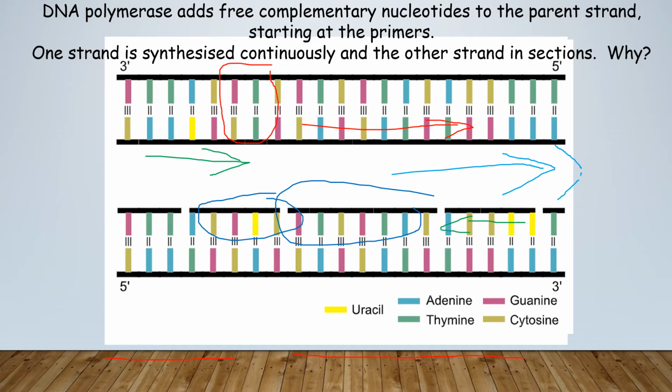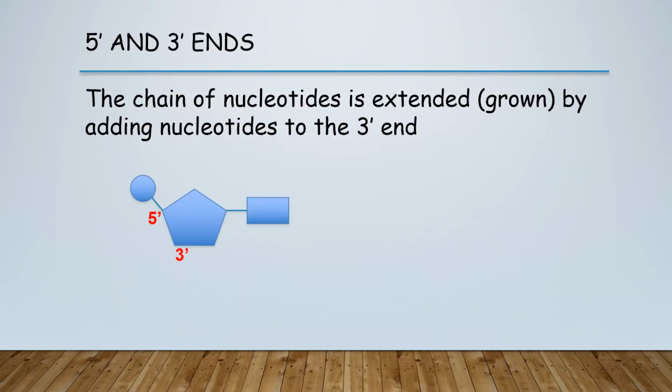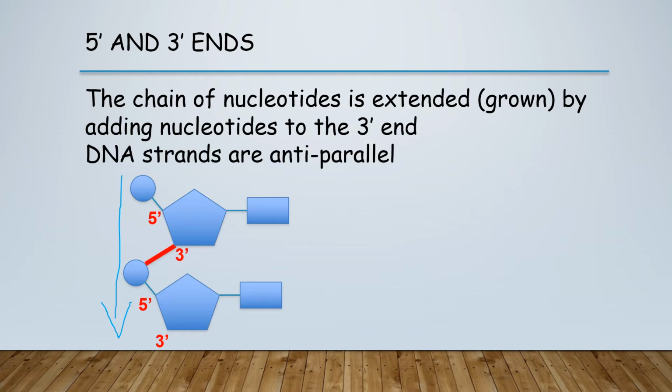And that relates back to our 5', 3'. We discussed this in one of our first videos. The chain of nucleotides is extended or grown by adding nucleotides to the 3' end. So as we can see here, we're moving or growing or replicating in this direction. Okay. However, DNA strands are anti-parallel.